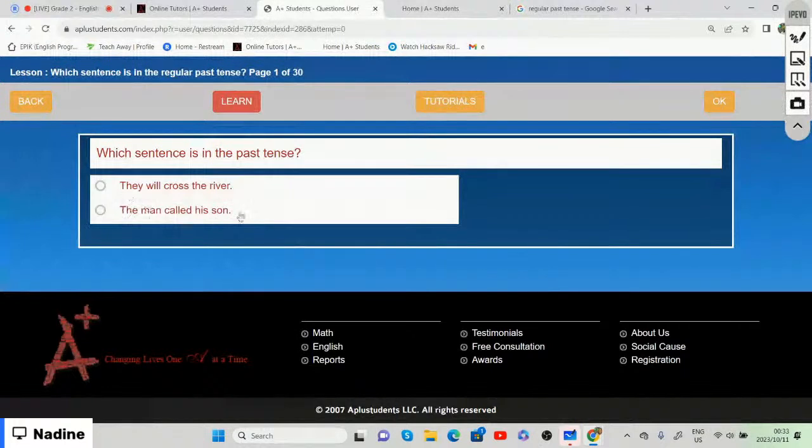So they will cross the river, or the man called his son. So we now need to select the sentence that is in the past tense. Do we say will cross the river or the man called his son?